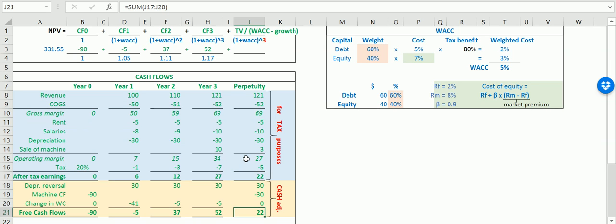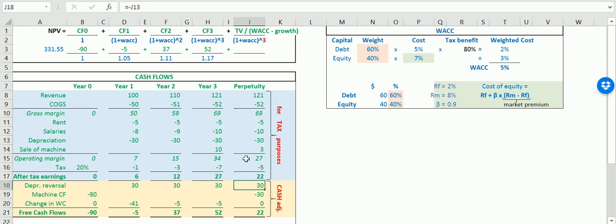But typically, since that perpetuity year is expected to remain constant, or at least at a constant growth, there will be typically no change in working capital, and your capex investment will be exactly the same as your depreciation. So you will always see that the capex investment is the negative of your depreciation reversal. Just check the exercises we saw in class, and it also happens there.